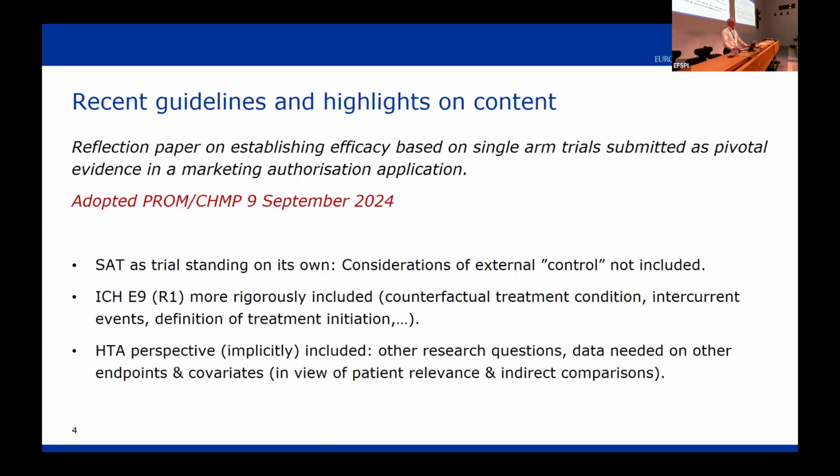So it's made clear that other research questions may not be answered by it; even if you fulfill all the requirements and the principles in the present reflection paper, you're not there yet, and it might not help you for the next step.